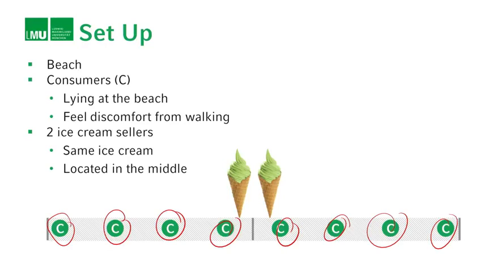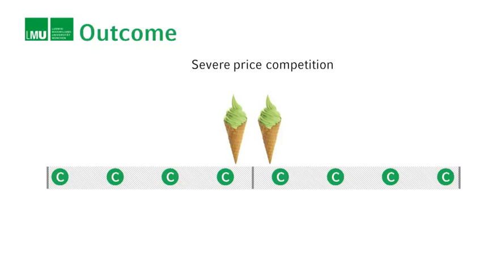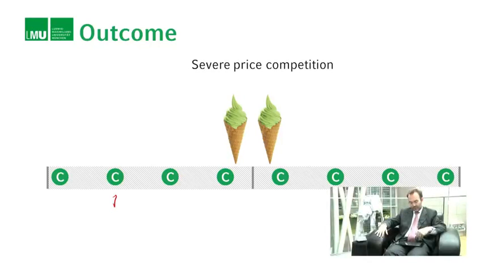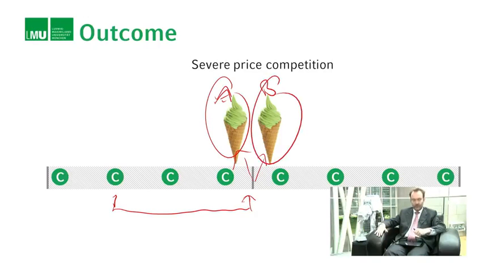Now, there are two ice cream sellers that sell the same ice cream and that are both located in the middle. So let's see what's going to happen to competition in this context. There's going to be severe price competition. It's fairly easy to imagine why, right? If this consumer goes to the place where both A and B are selling their ice cream, then once they got there, it's basically the same if they buy from A or from B. So seller A has an incentive to lower prices by a tiny amount.